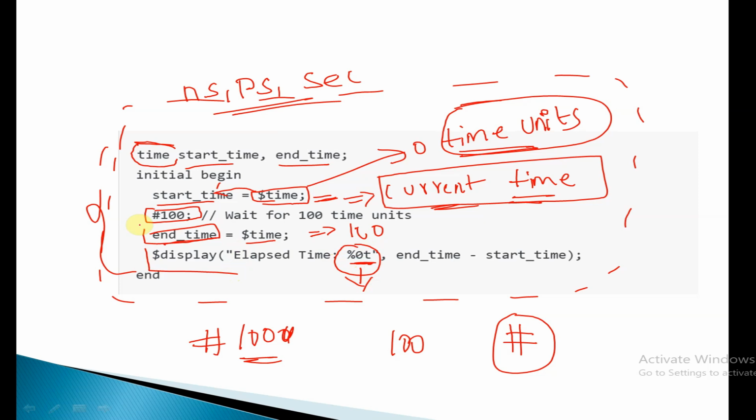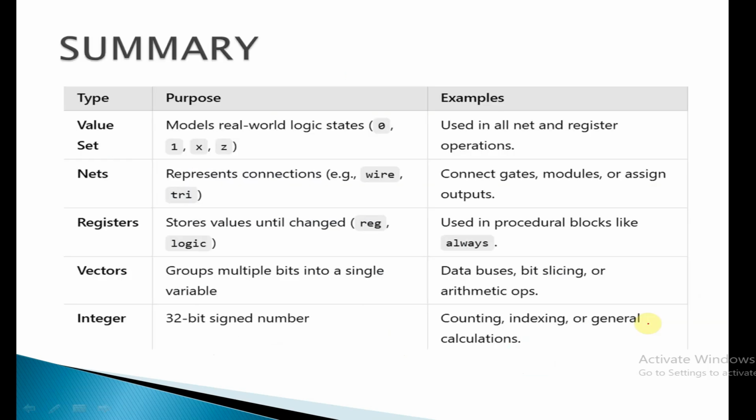Don't worry about this, just focus on what topic is going on. I'm taking the quotes from the advanced slides. Everything we will discuss in the upcoming slides, like format specifiers, how to display time, how to display integer.